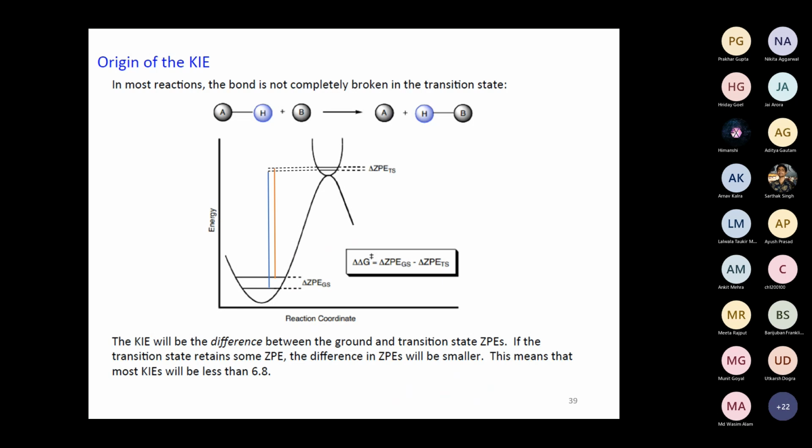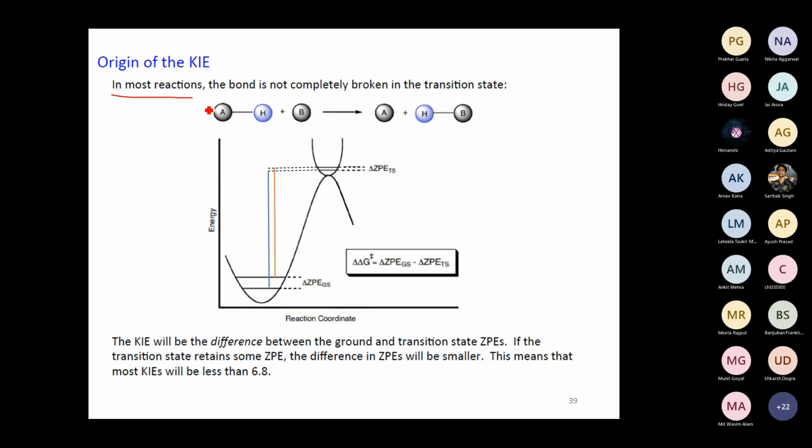I forgot which slide was the last one, but as written at the top, in most reactions the bond is not completely cleaved. We will give many examples, but you know that in SN1 and SN2 reactions, when the carbon-bromine bond is being broken, it is broken only in the transition state, not completely cleaved.